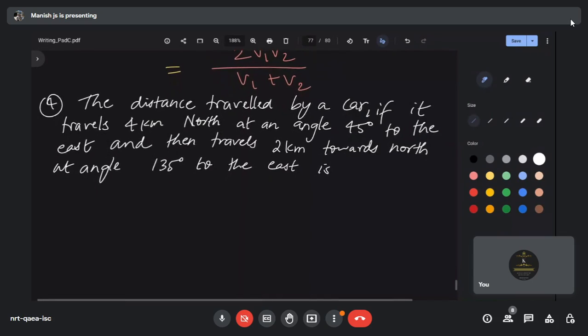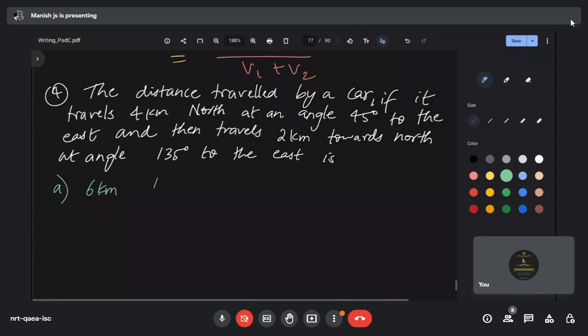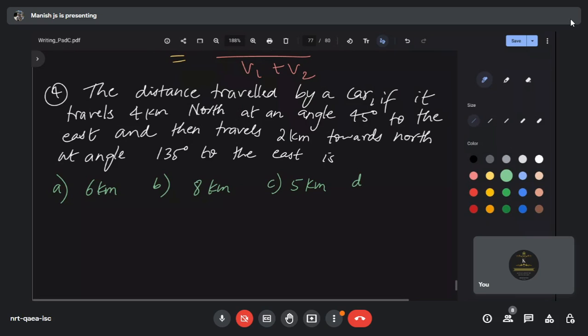The options are: option A 6 kilometers, option B is 8 kilometers, option C is 5 kilometers, option D is 2 kilometers.